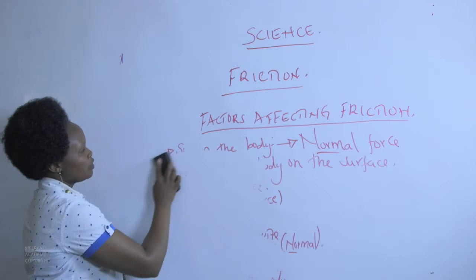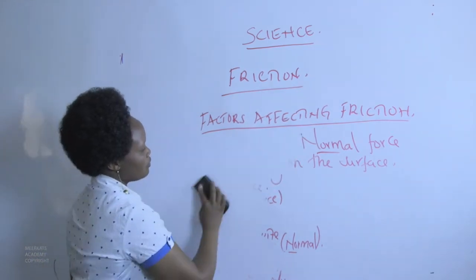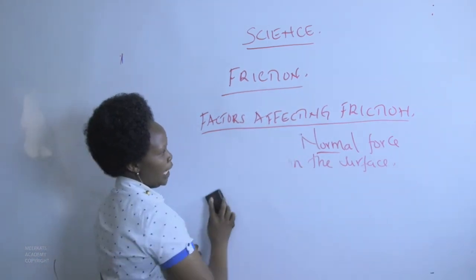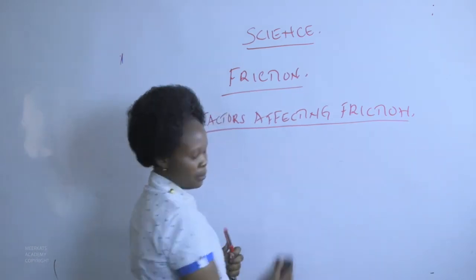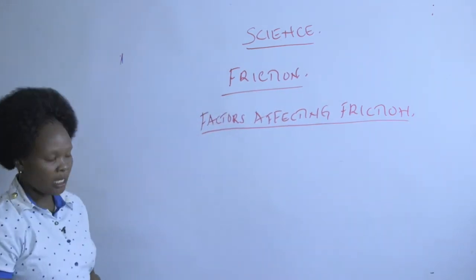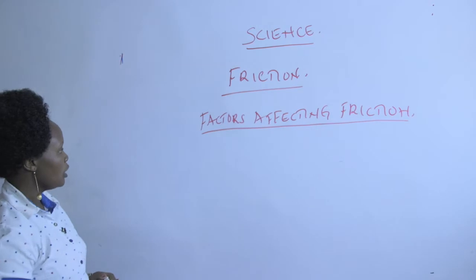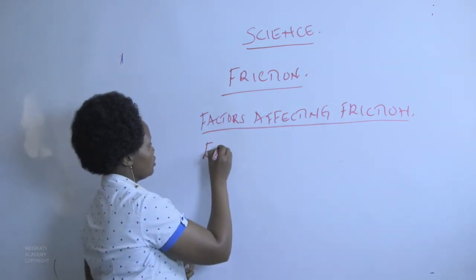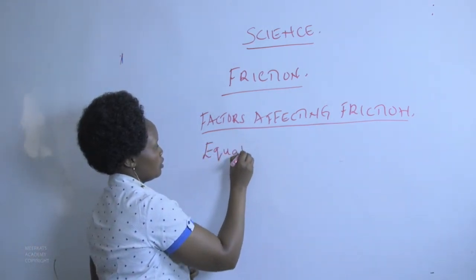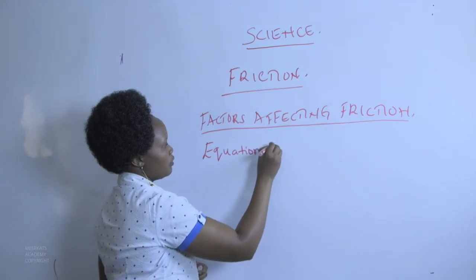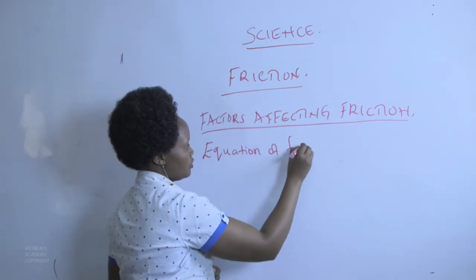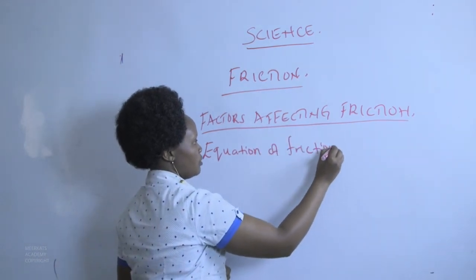Now, the two factors that we have looked at are summed up in an equation that we call the equation of friction.